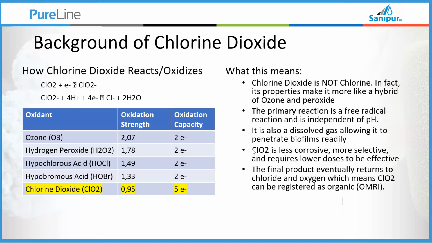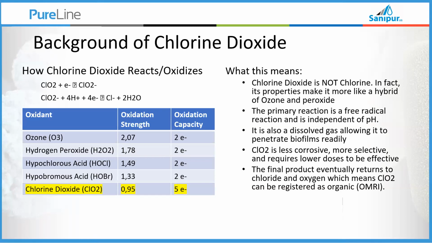It's not as strong of an oxidizer as ozone or peroxide. It's only got a 0.95 electron volt. That's just how strongly it can pull electrons off of things. Oxidation strength, but it has a lot of oxidation capacity.